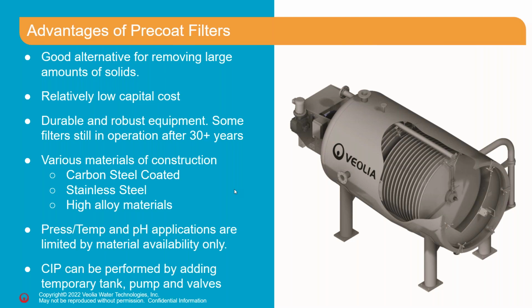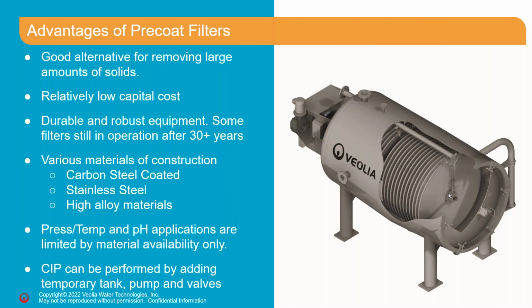We have many filters that are still in operation after 30 plus years. These filters can also be made of all different kinds of materials. We have coated carbon steel, stainless steel, and high alloy, and this goes for both the vessel and for all the internal parts.